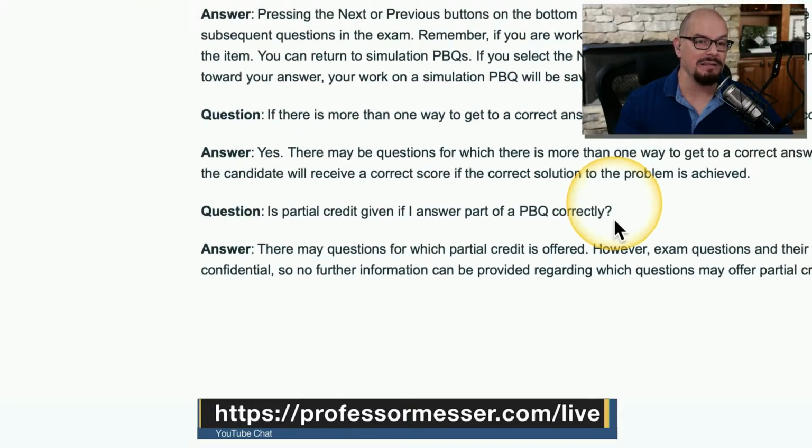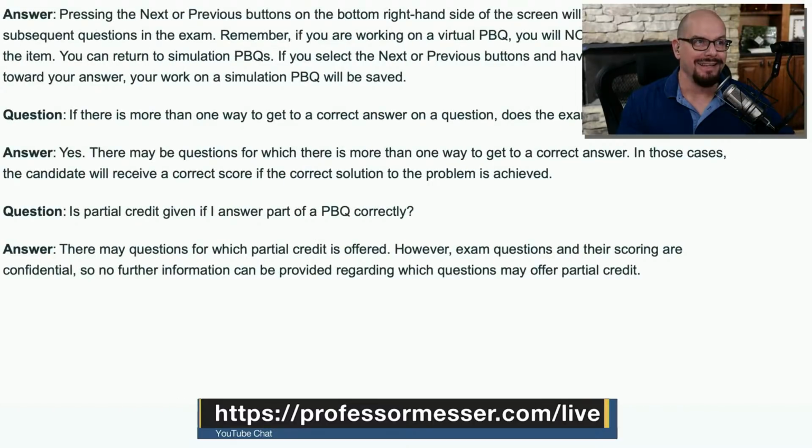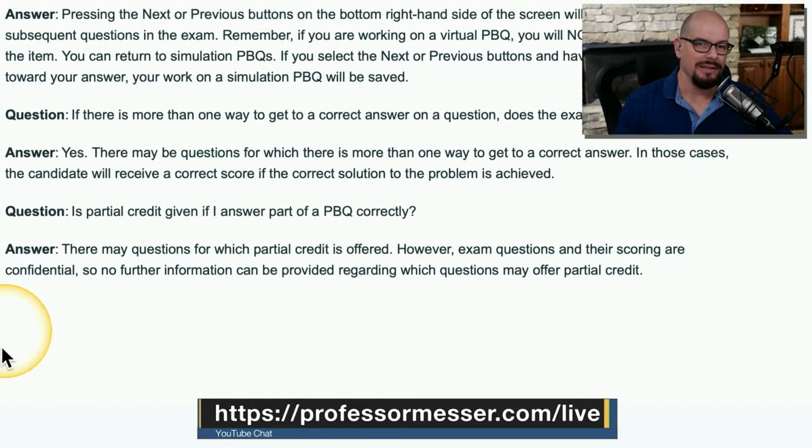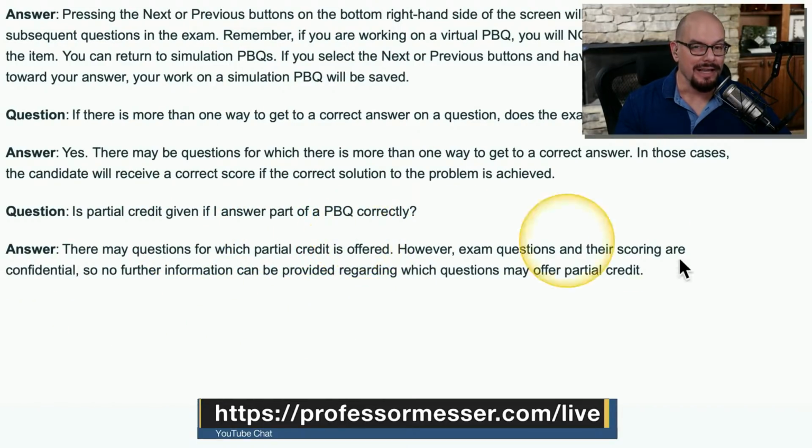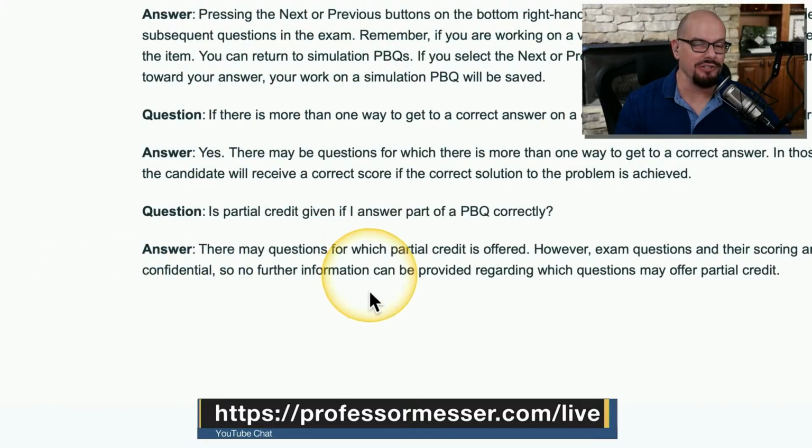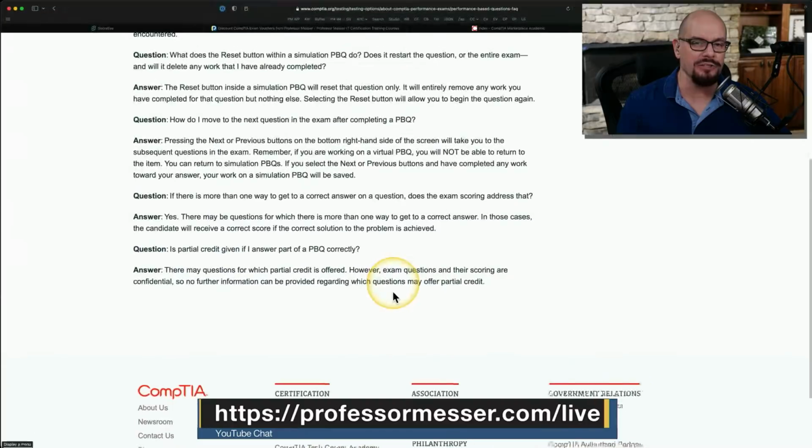CompTIA says maybe. They say there may be questions for which partial credit is offered. However, exam questions and their scoring are confidential, so no further information can be provided regarding which questions may offer partial credit. So it's a way of saying maybe you will, maybe you won't. We're not going to tell you.